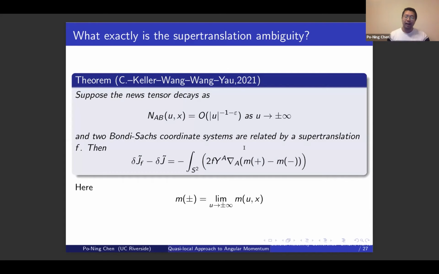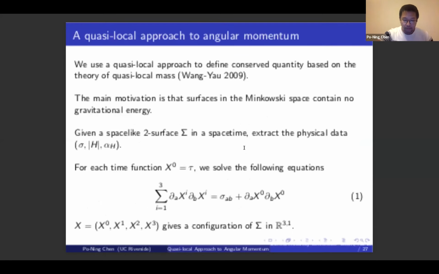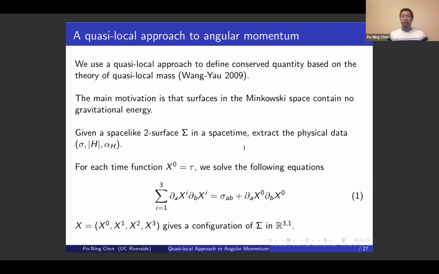So far we identified the supertranslation ambiguity of the classical angular momentum. Now, how do we use a quasilocal approach to find a new angular momentum which is free from such ambiguity? Okay. So we will use the quasilocal approach to define conserved quantities based on the theory of quasilocal mass of Wang and Yau.